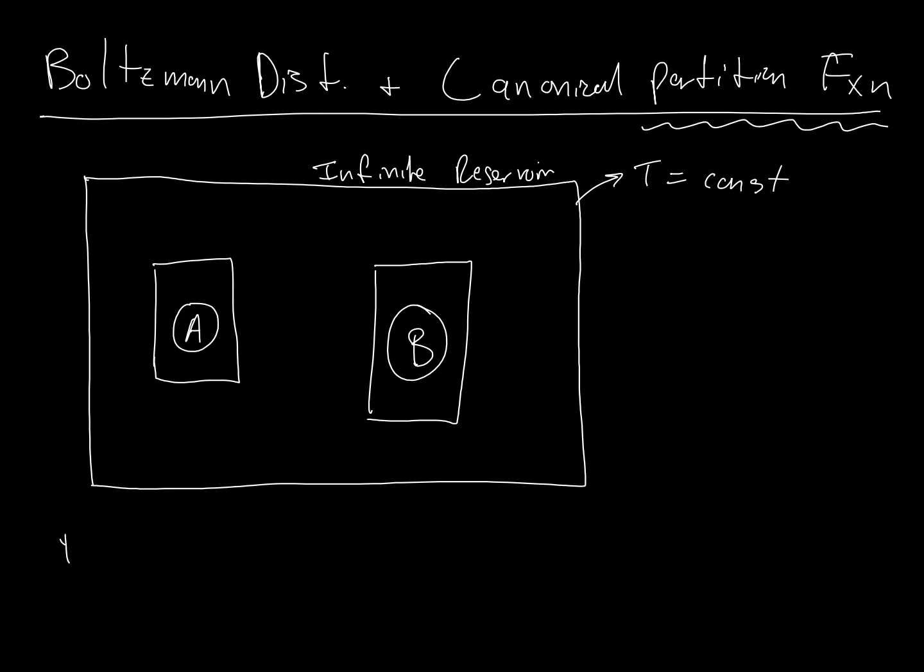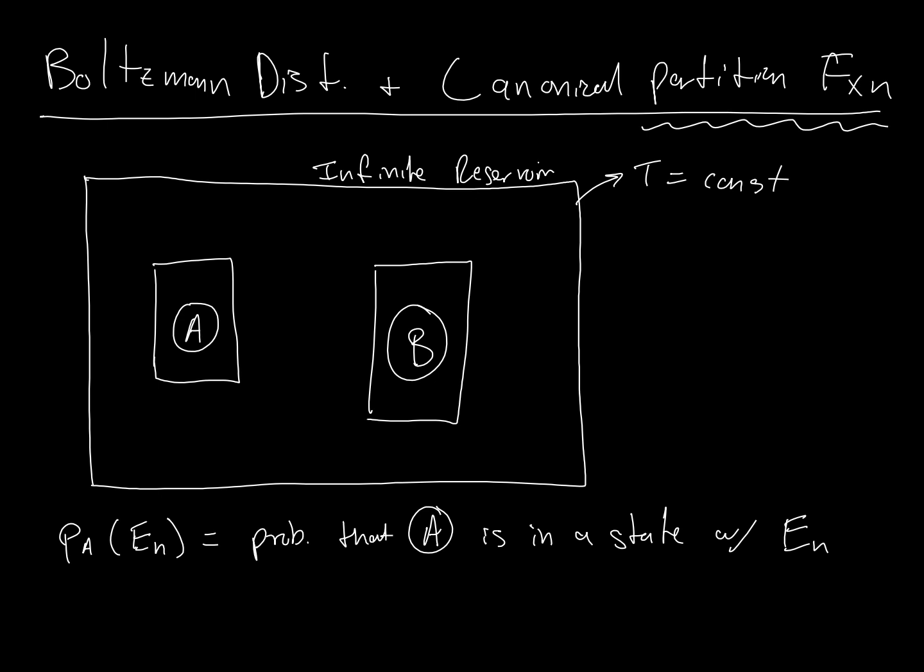So a couple of nomenclature. P_A(E_n) is going to be the probability that subsystem A is in a state with energy E_n. And then conversely, P_B, we're going to use E_m.